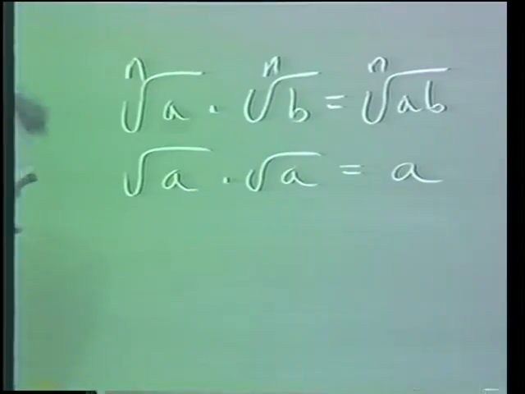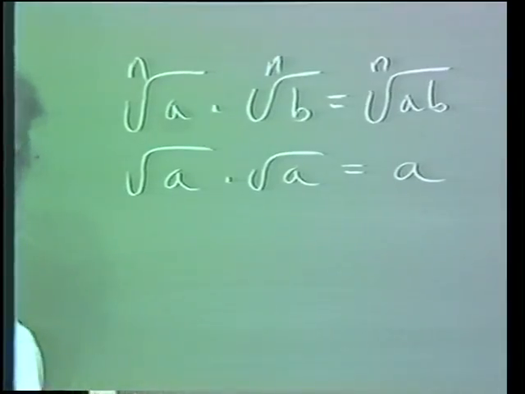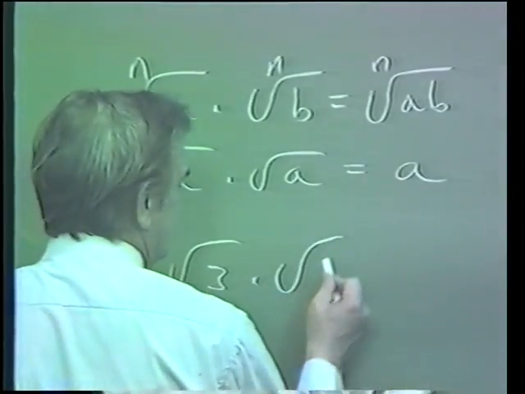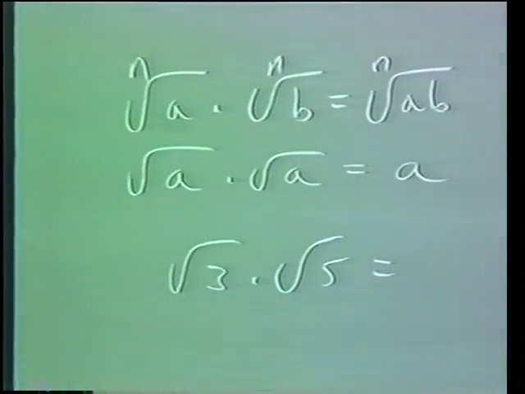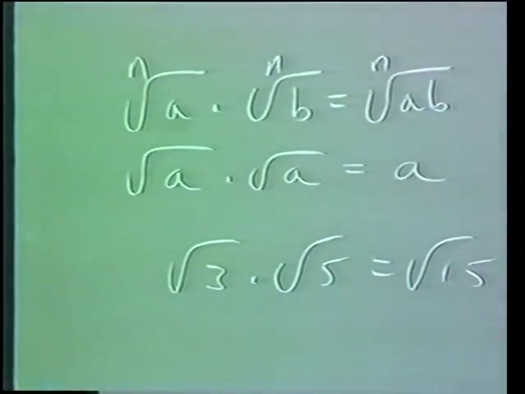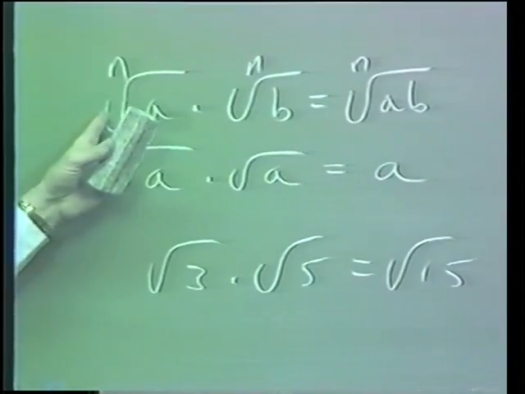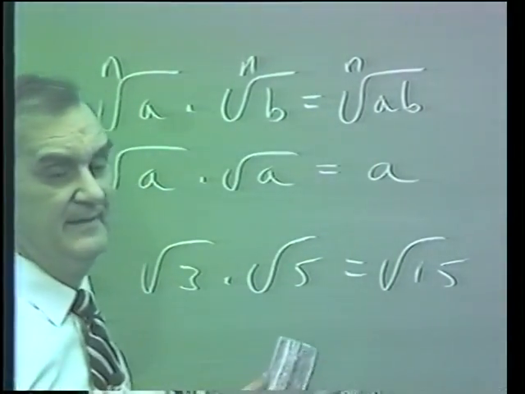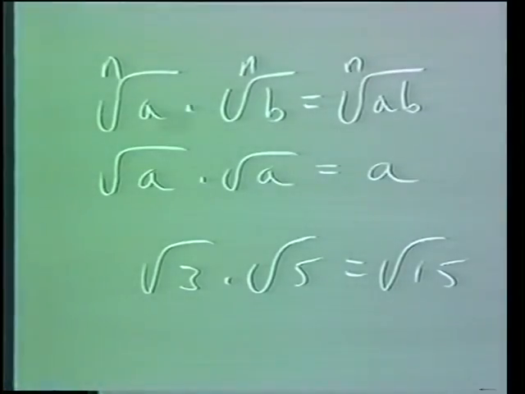Now, all we're saying there is the square root of 3 times the square root of 5 is going to equal the square root of 15. Because that's what the property says. Anytime you multiply 2 radicals, they must have the same index, then you multiply the radicands.